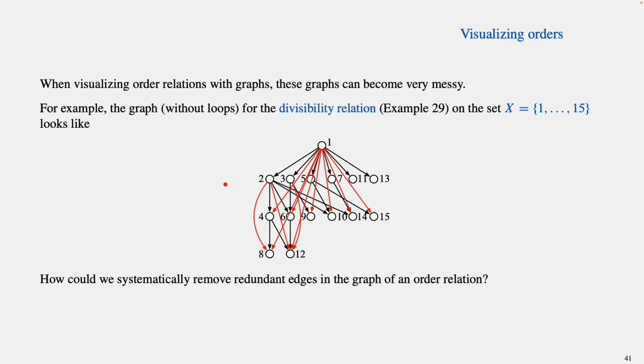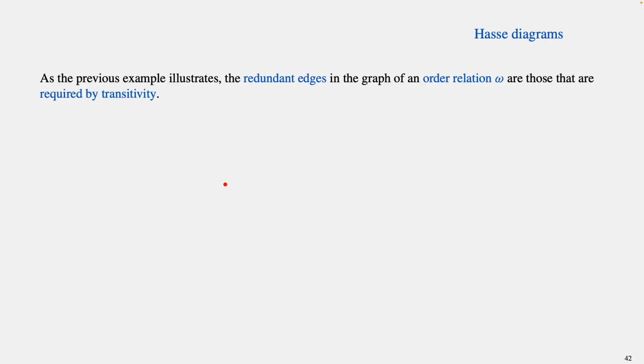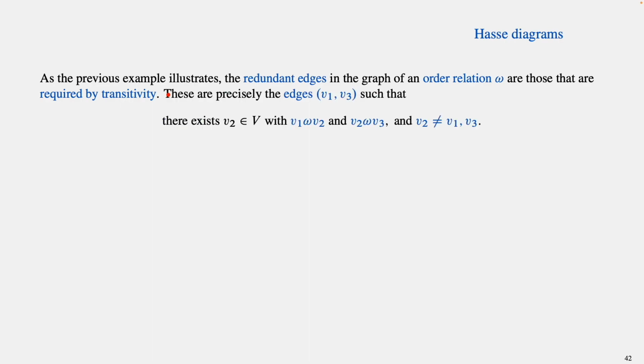So how can we do such a thing systematically to remove redundant edges in the graph of an order relation? And what does redundant here even mean? By redundant edges in an arbitrary order relation omega, I mean those edges that are required by transitivity, so that have to be included in the relation because transitivity demands it.